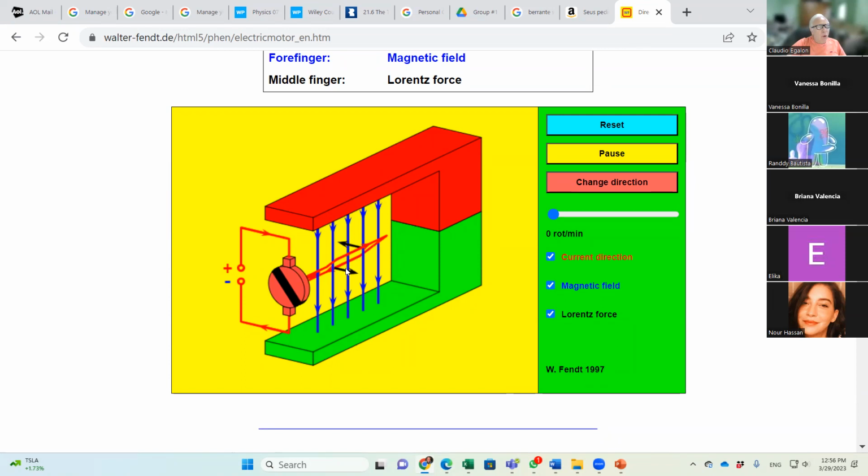So there will be no torque whatsoever applied to this loop. Okay, the torque is applied only to those two arms here. The net force here is going to be zero, but not the net torque.